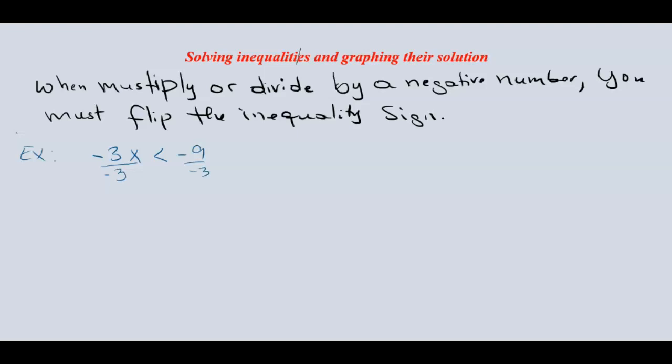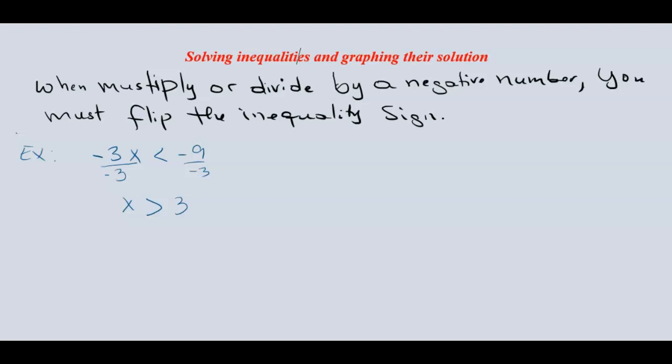That leaves x alone, but because I divided by a negative number, -3, I must flip the inequality sign and make it greater than, and -9 divided by -3 is 3.